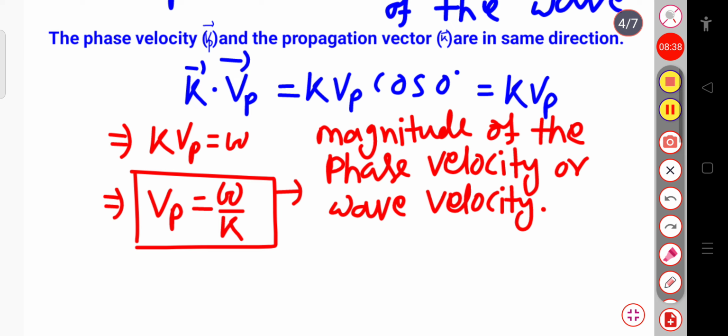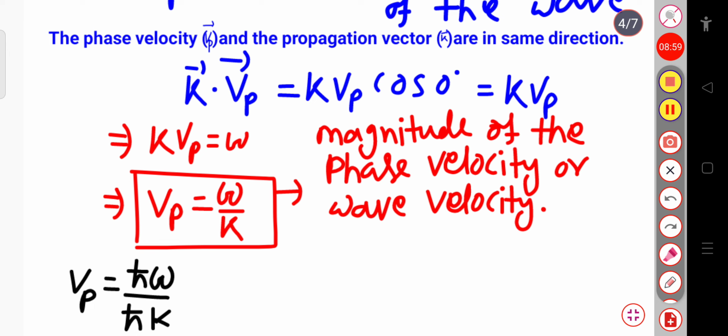Again, this can also be written as Vp equal to omega by k. If I multiply h cut in the denominator and numerator, then Vp will be equal to h cut omega divided by h cut k.